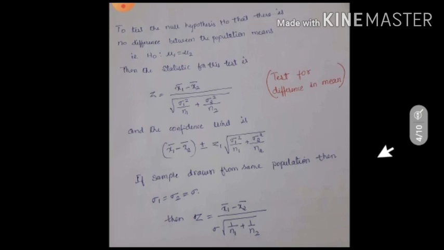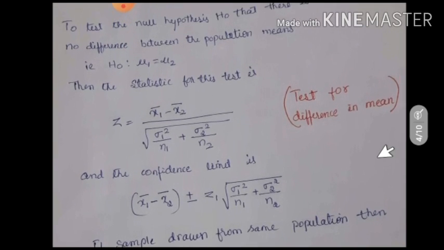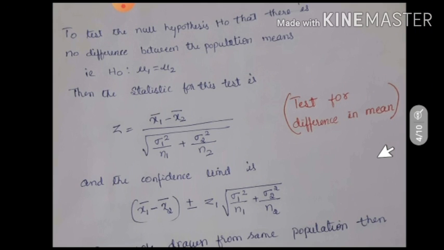Next, we may also come across problems of testing with a large number of data, for large n, more than 30. We come across two sets of data where we are testing based on the difference in mean.